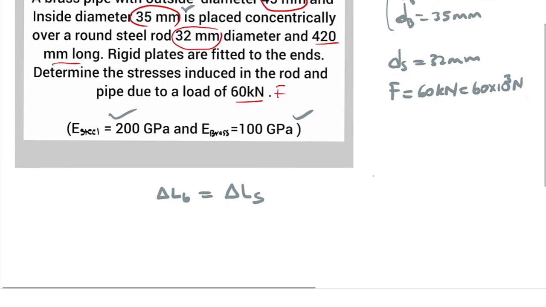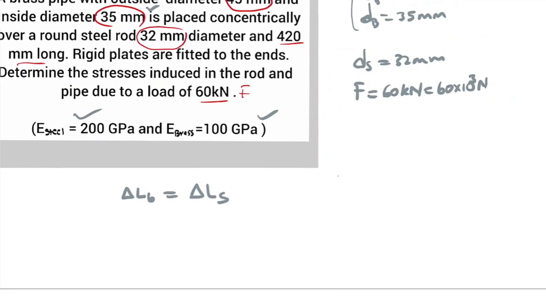From here, let us first calculate the area for the brass. It is pi divided by 4, then we open the bracket: the bigger diameter squared minus the small diameter squared, then close. Then we put the numbers here.